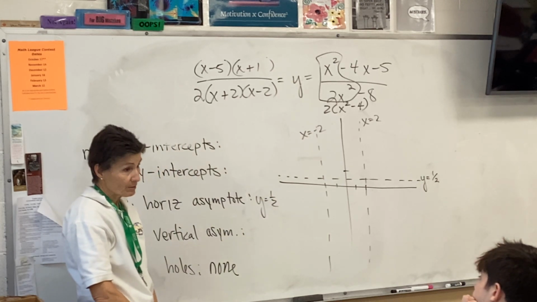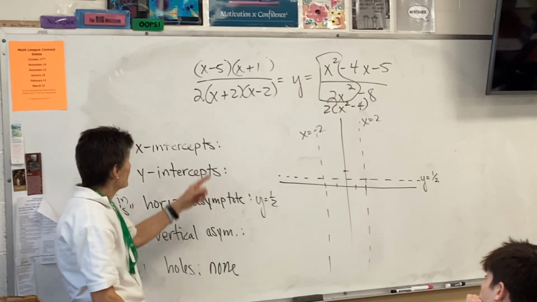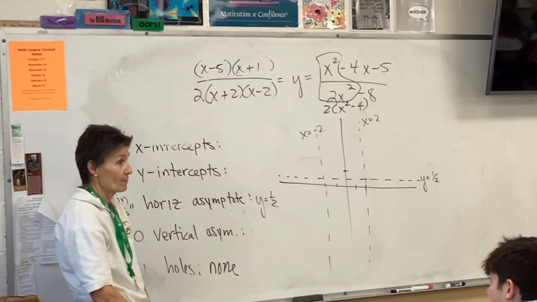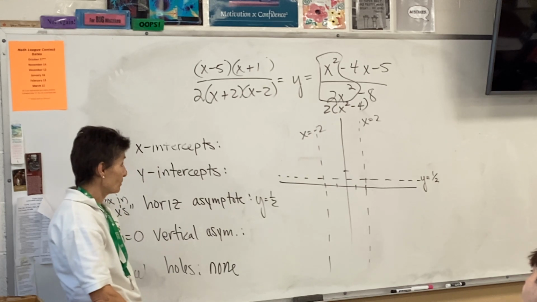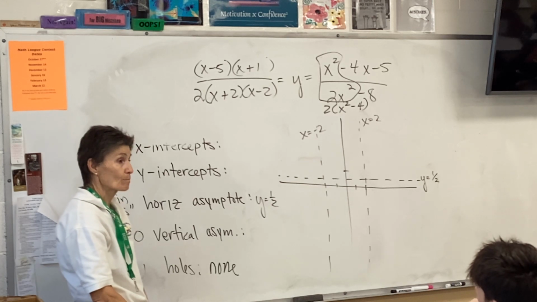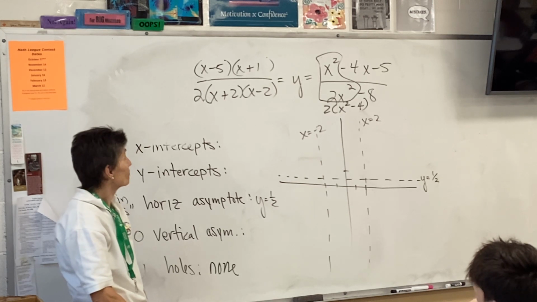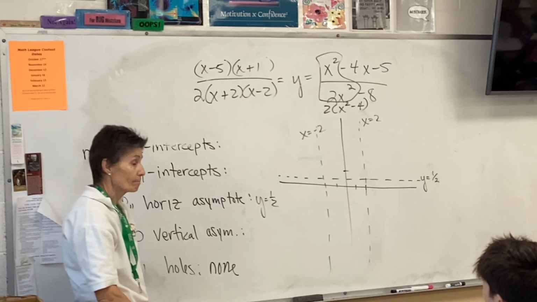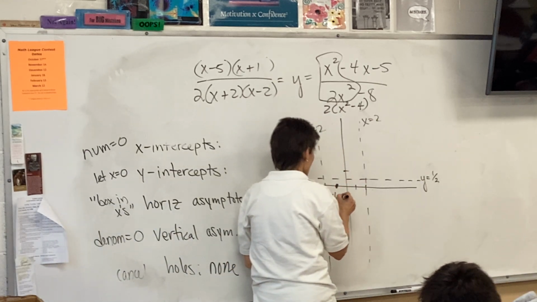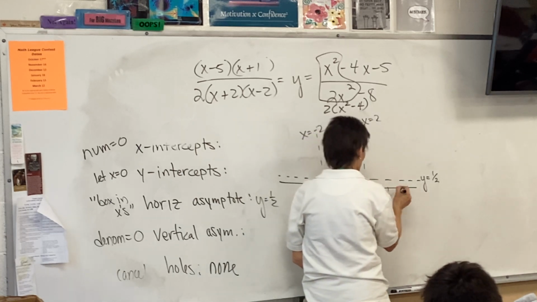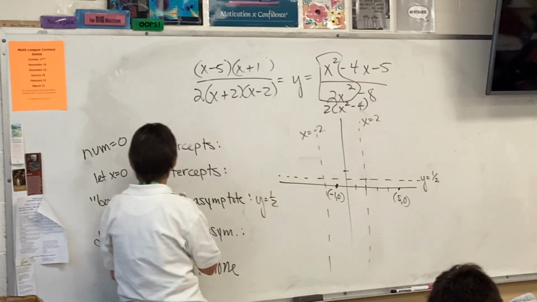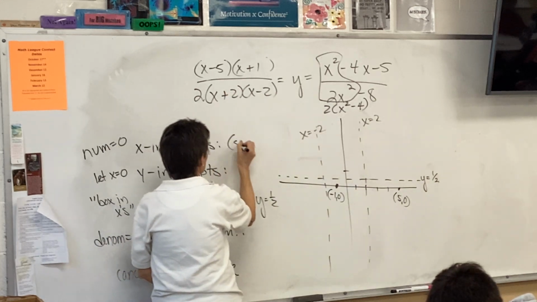The denominator equals 0. So if I put in a negative 2 and a positive 2, I would get a 0 down there. So those are my vertical asymptotes. Okay, what else? So I got negative 1 and 2, 3, 4, 5. Those are my x-intercepts. They come from the numerator.